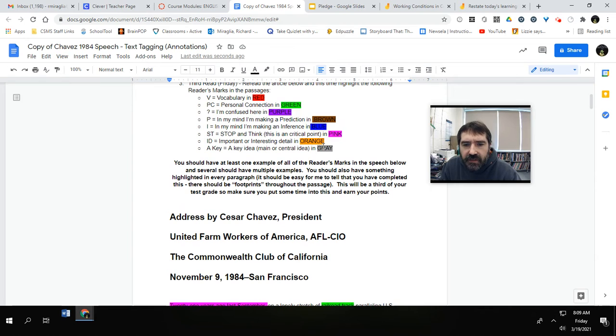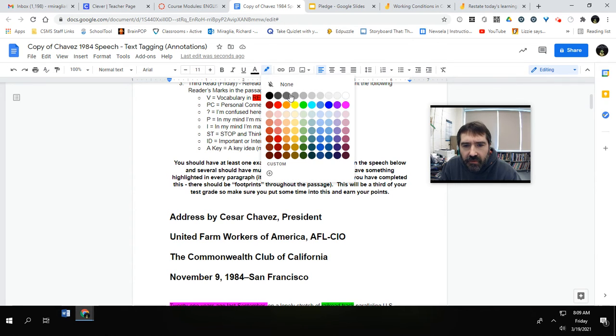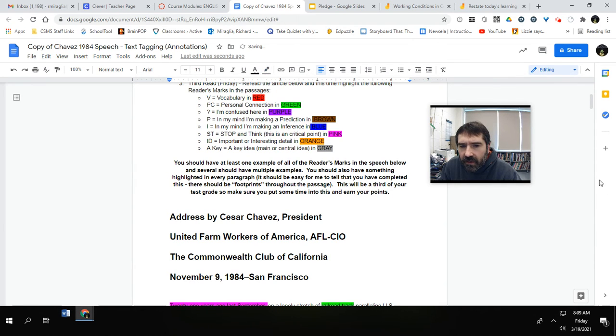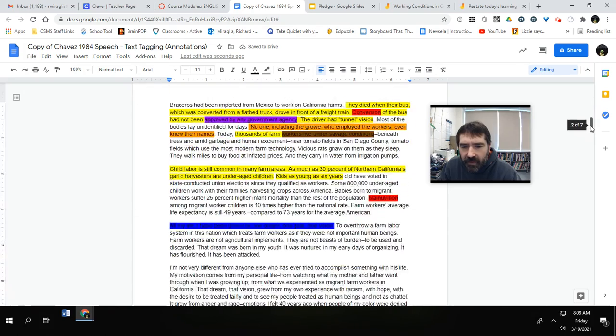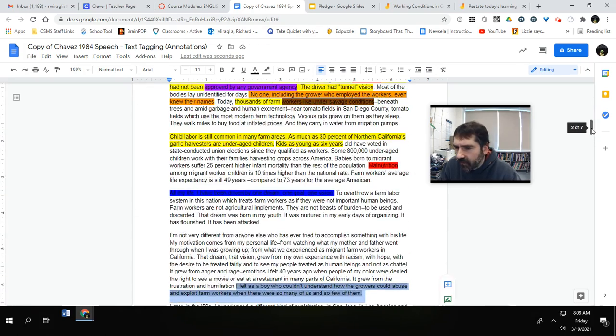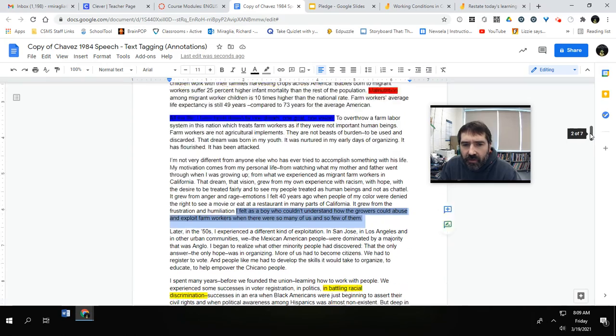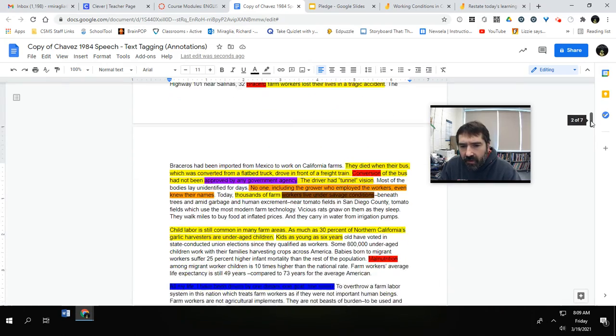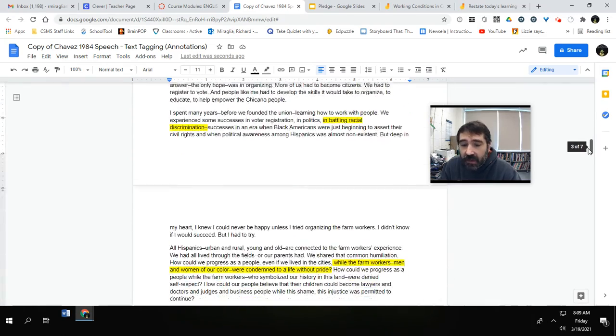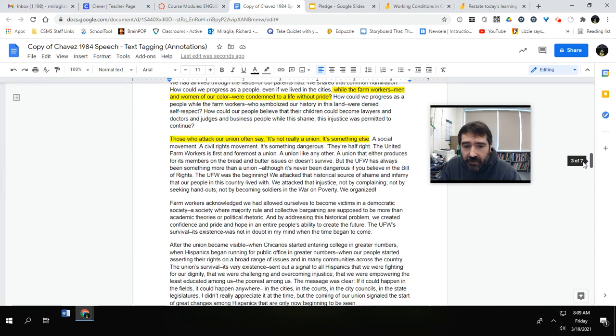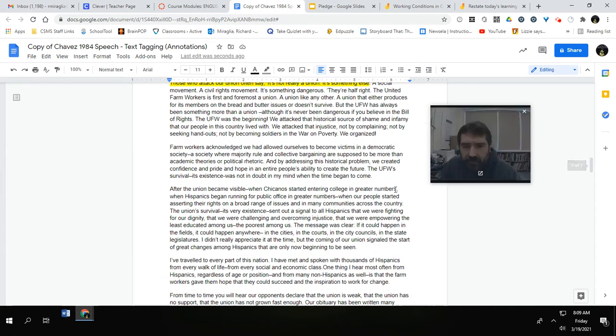Okay, so spend some time going through. I'm not going to. I've just given you an example of all of them. If you want to use my examples, that's fine, but you need more. You need to go through and for every paragraph, and there's like 29 paragraphs, have 3 to 5. Here's a smaller paragraph, come up with 3.